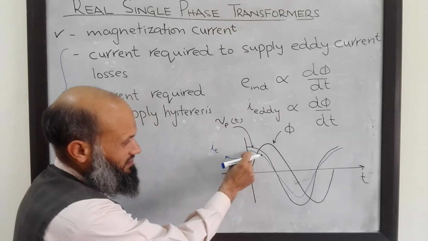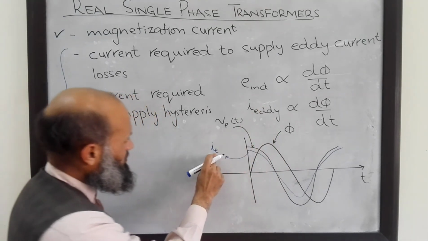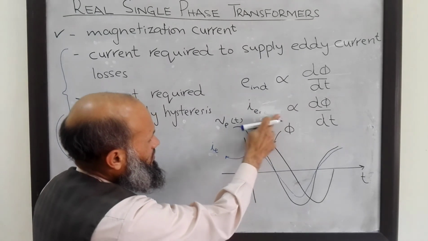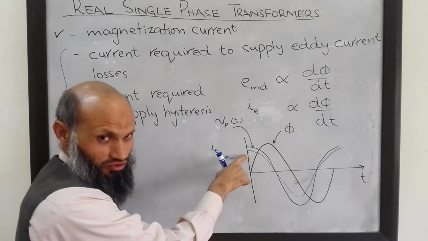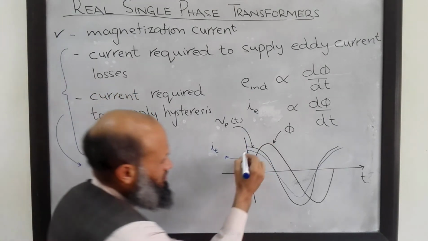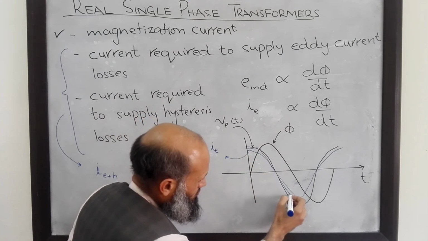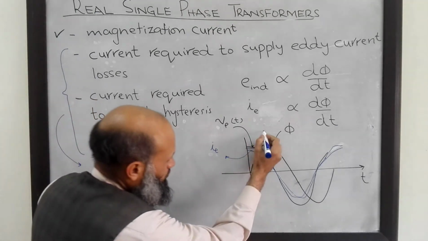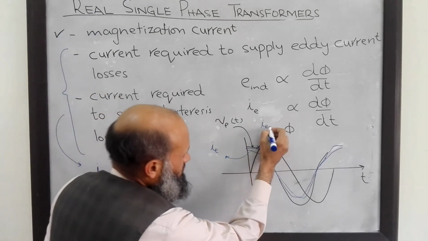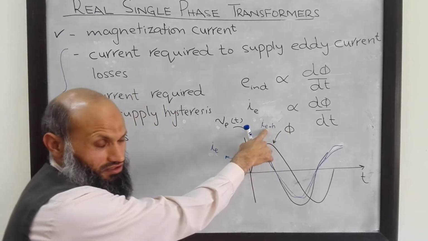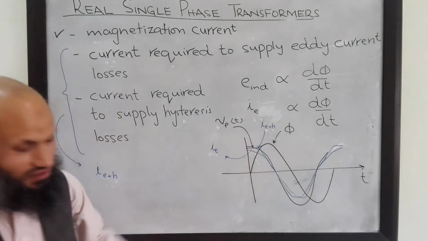It only adds some nonlinear effect to this current IE. I have written IE over here, so I must also write IE over here. So this blue line is IE plus H, the current to supply the eddy current losses and the hysteresis losses, shown over here.